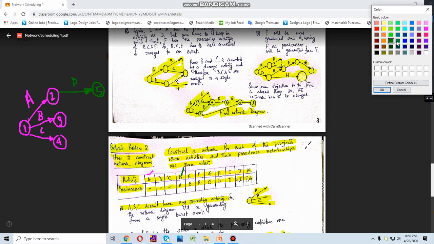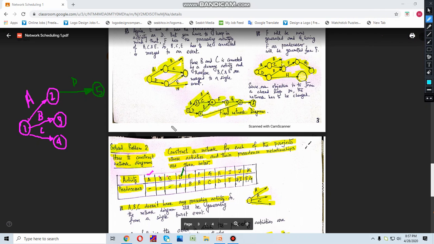Okay, so we are done with the activity D. Now let us move on to E. Okay, so E and F have the same condition. Both of them have B as the immediate predecessor.